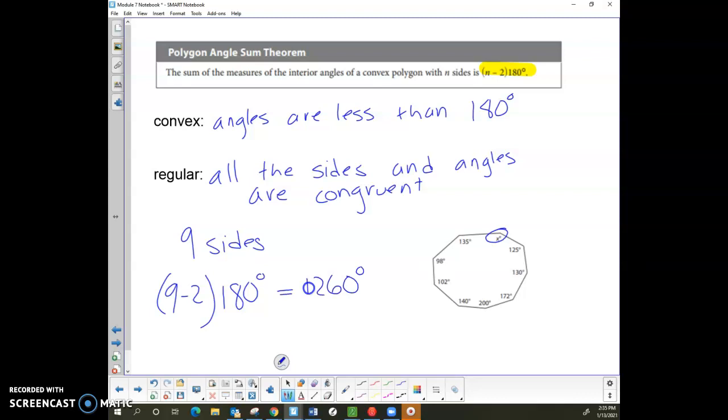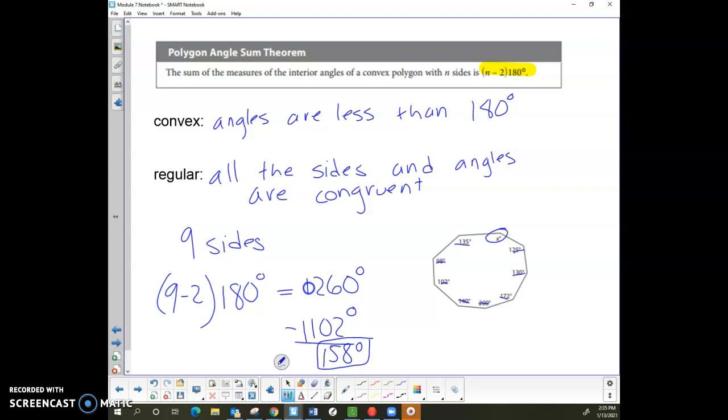Now I'm going to add up all of the angles that I'm given, which, when I add them all up, I get a total of 1102 degrees. So if I take the total that I should have minus what I do have, x is equal to 158 degrees is what's left. We're going to be using this theorem a lot.